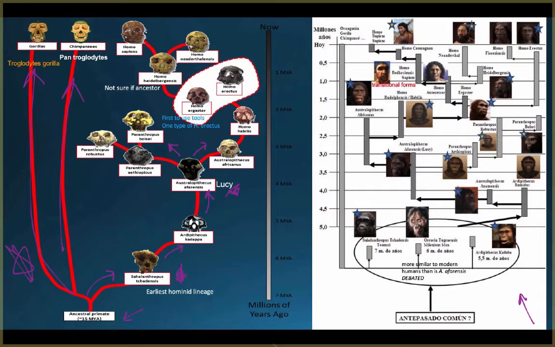So the Paranthropus aethiopicus is this guy here, and essentially he diverges into two, the robustus and boisei. And both of these, if you see, there's nothing else that comes off of them, because that's where that lineage dies.